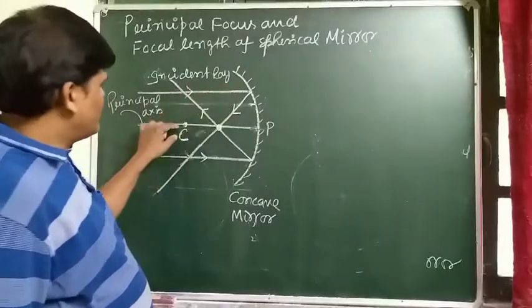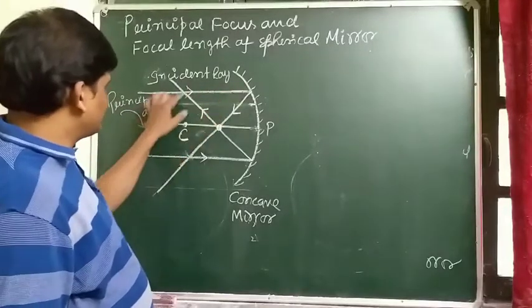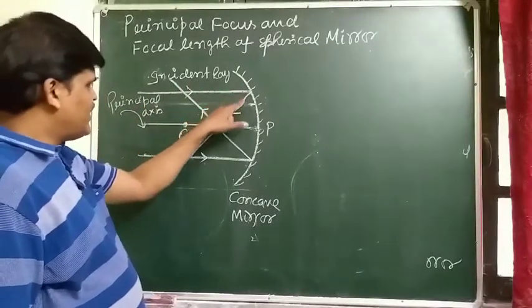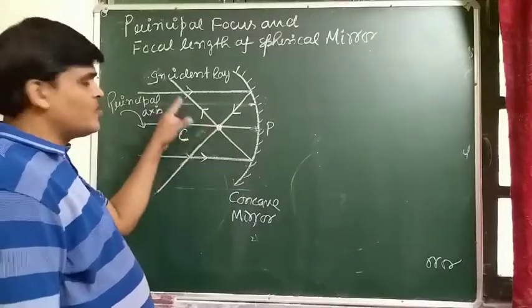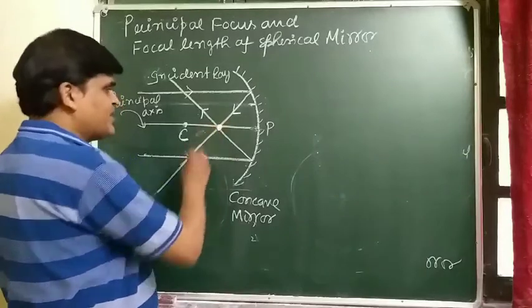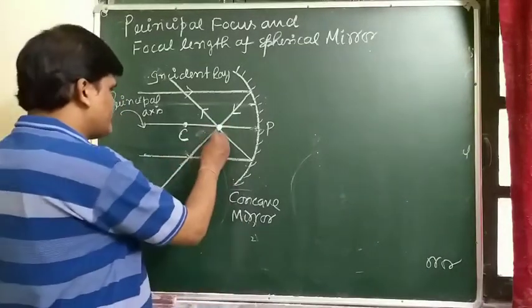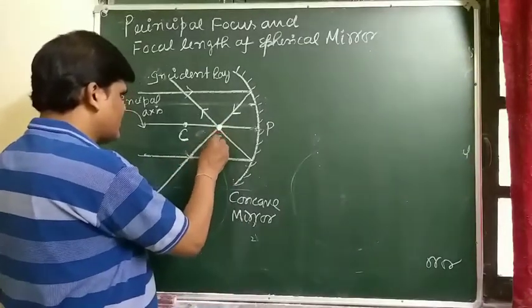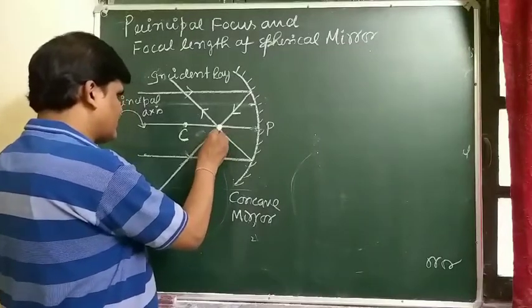When these two reflected rays actually intersect at a point on the principal axis, this point is known as what? Principal focus of a concave mirror.